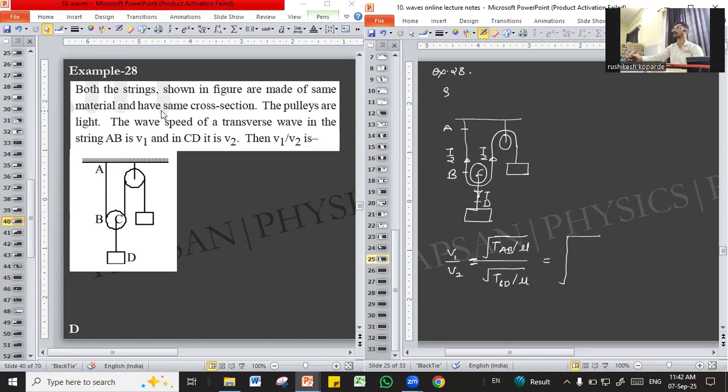It's not only material, it's also the cross section. It's not only density, it's also the area which decides mu. So mu is same, and it's simply tension in AB section upon tension in CD section. In AB it is T by 2, in CD it is T. So it has to be under root 1 by 2.